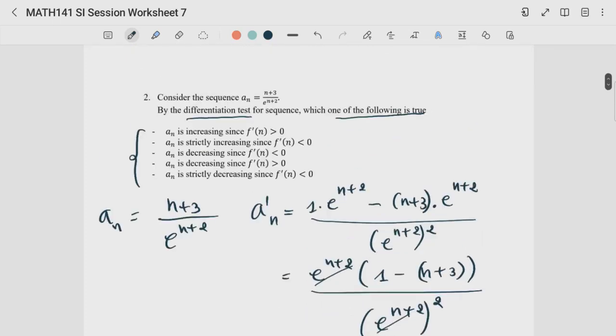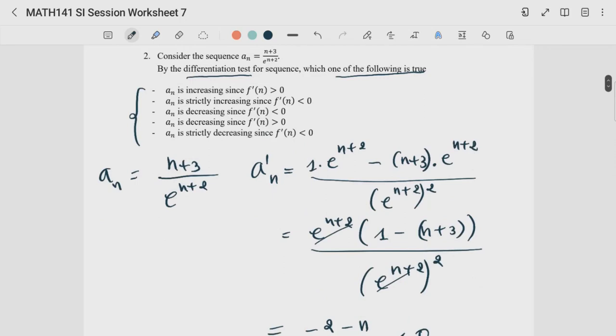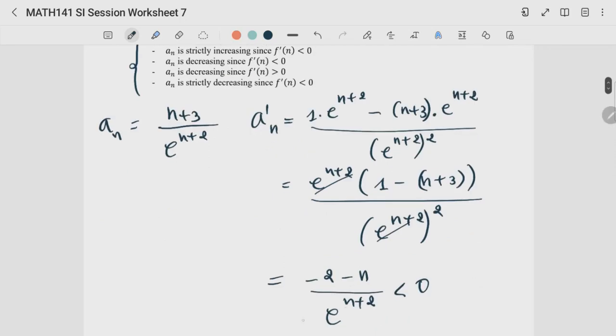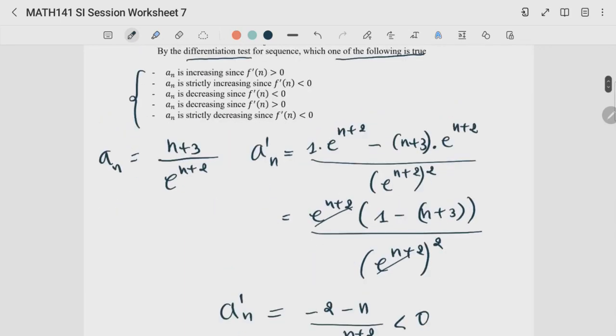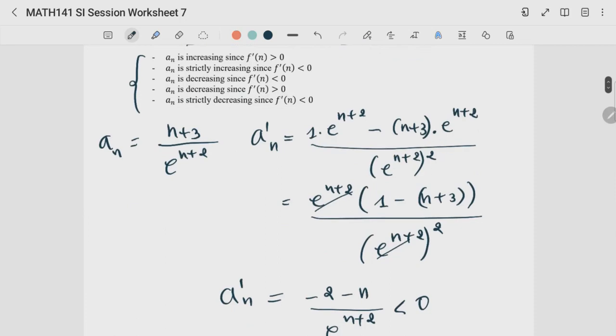Okay, so what does the differentiation test tell us about this sequence? Well, we know that the derivative a'(n) is less than 0. So if we look at the options that are given to us here, how do we know it's less than 0? Because once again, n is increasing. Since n is increasing all the way up to a value very high, close to infinity, then we know that negative n is decreasing, right?